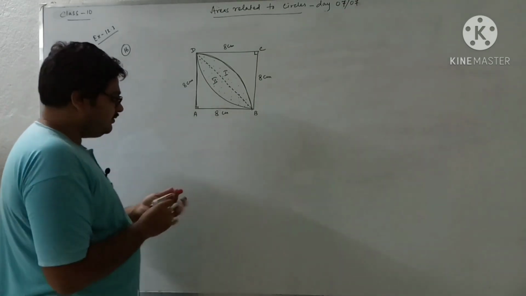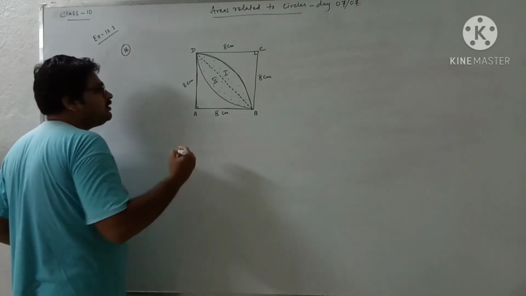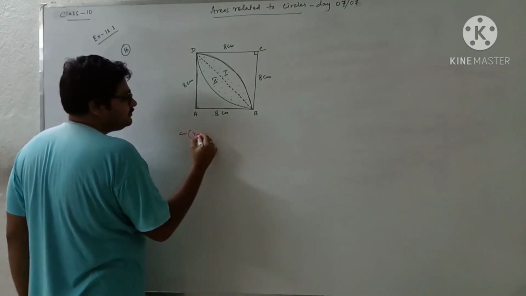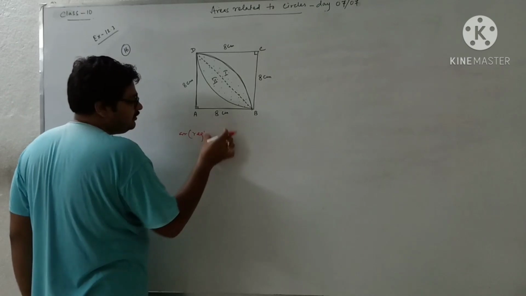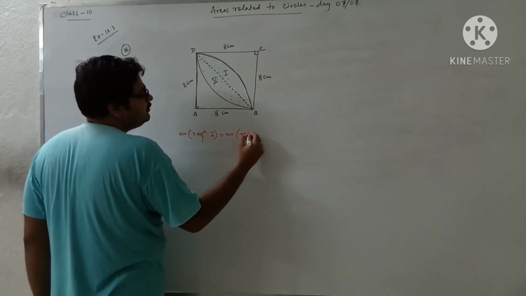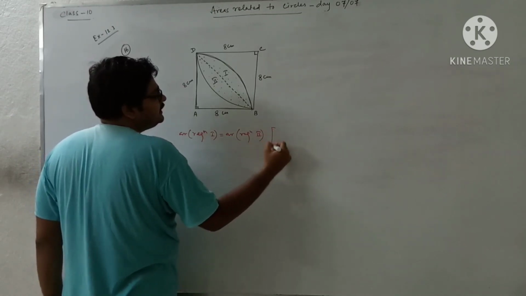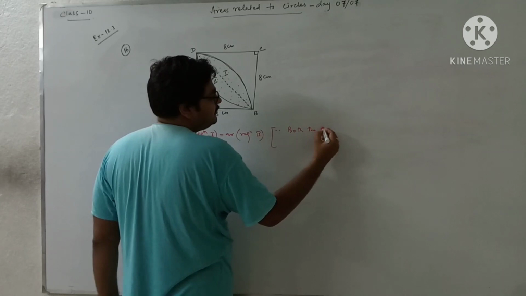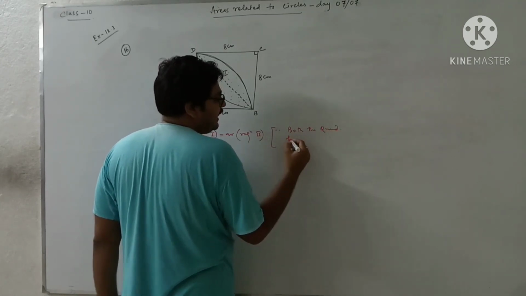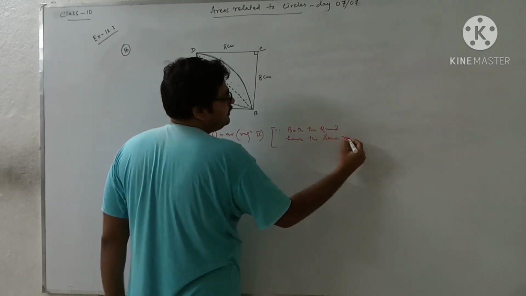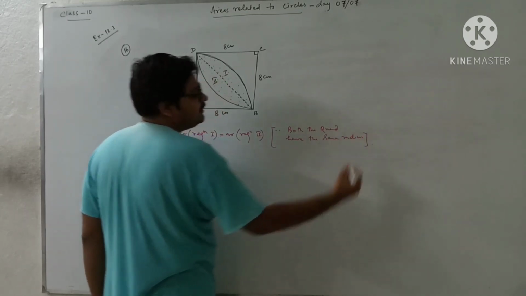So what will we do now? First, we write: area of region 1 equals area of region 2, since both the quadrants have the same radius.